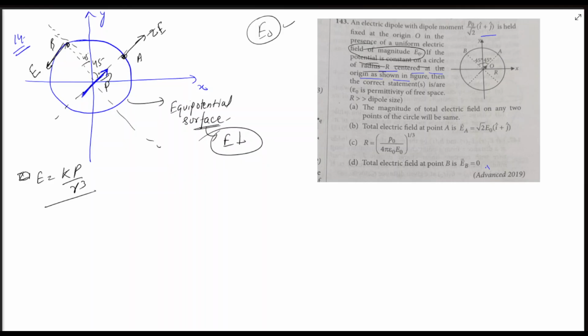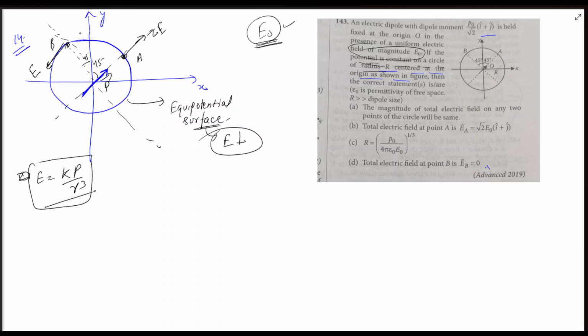But in the axial it will always be in the direction of the dipole moment. But at the equatorial the electric field will be in the opposite direction of the dipole. Okay, perfect. We have E, but remember we have an external electric field also, E naught.